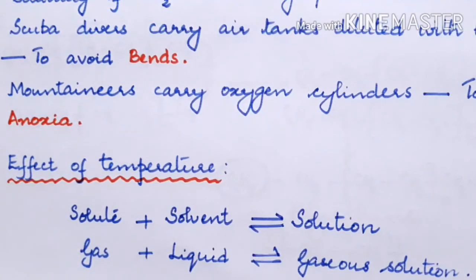Coming to the next factor, the effect of temperature on solubility of gas in liquids. Solute plus solvent gives solution. Here the solute taken is a gas and it is dissolved in a liquid to form the gaseous solution. We assume that a dynamic equilibrium is created between the solute and the solvent when it forms the solution.